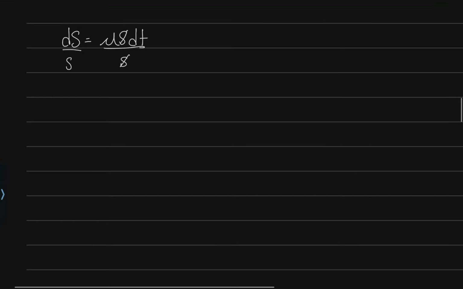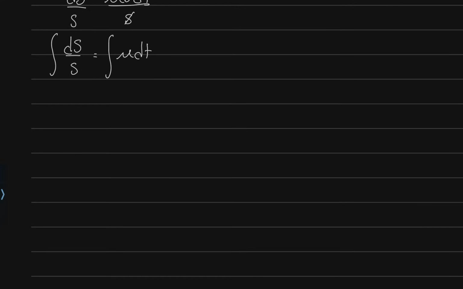So to rewrite it, we can say ds is equal to mu s dt. I can divide both sides by s to cancel s out on this side. And what this will give me is ds over s is equal to mu dt. The same way I can integrate both sides. And ds over s is obviously going to be the natural log of s plus some constant c1. And then that's going to be equal to mu t plus some constant c2.